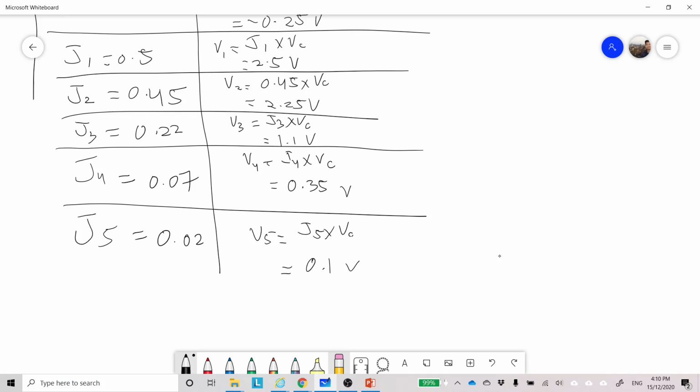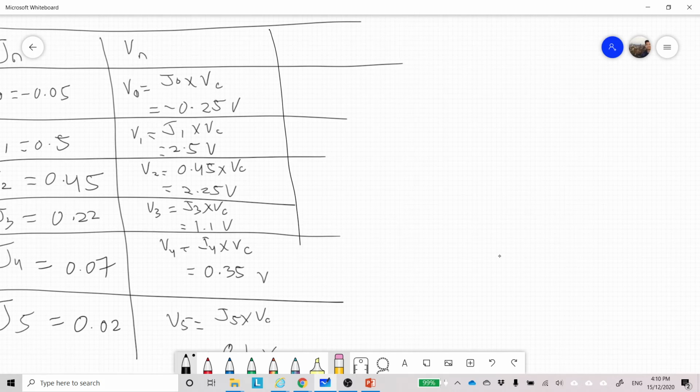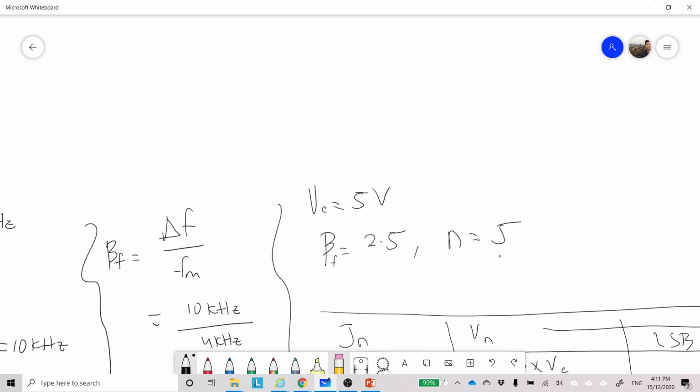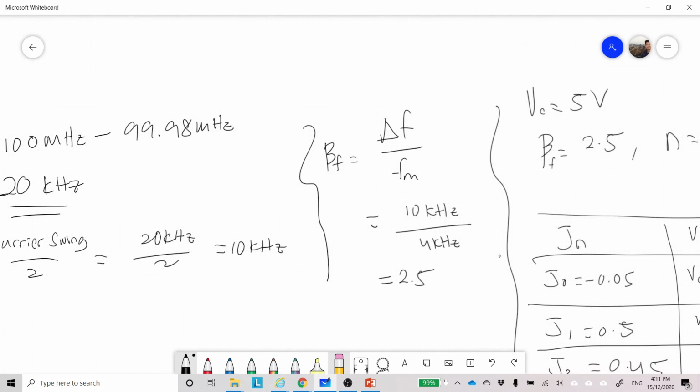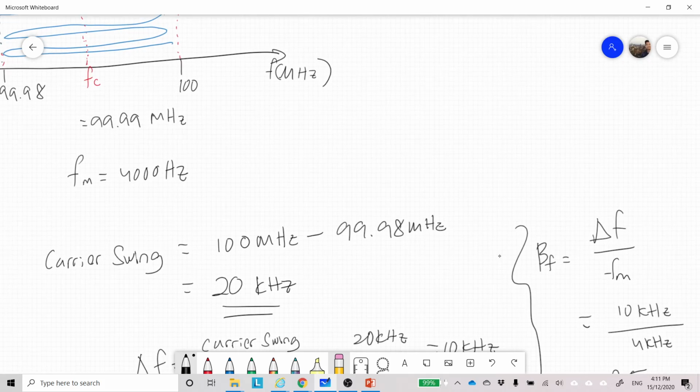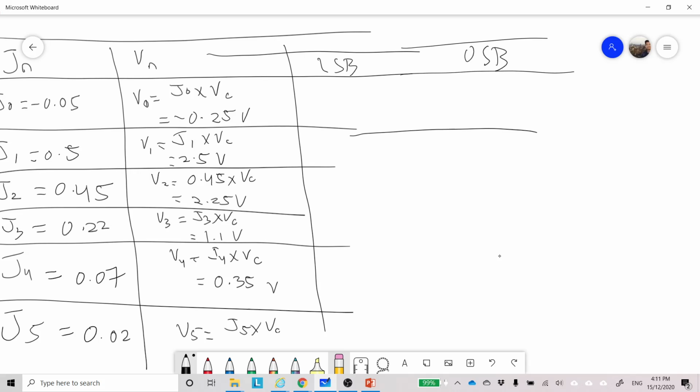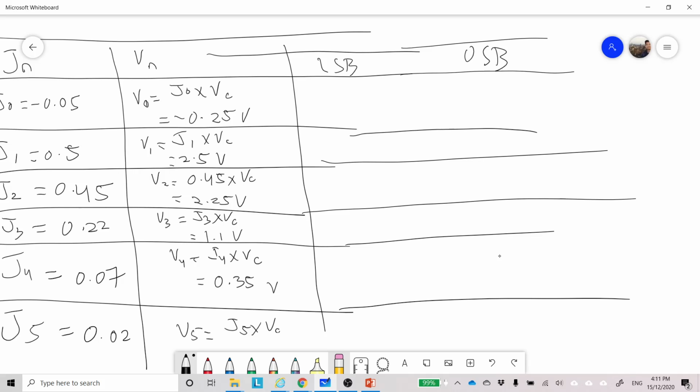So and then this is the LSB and also the USB. So J0 is located at FC. FC is 99.99 MHz.